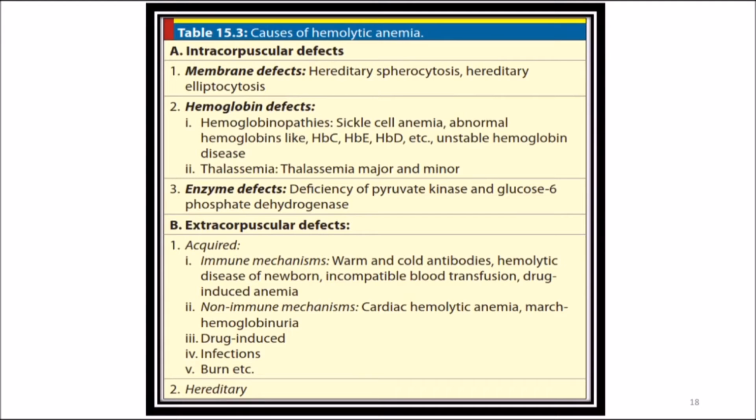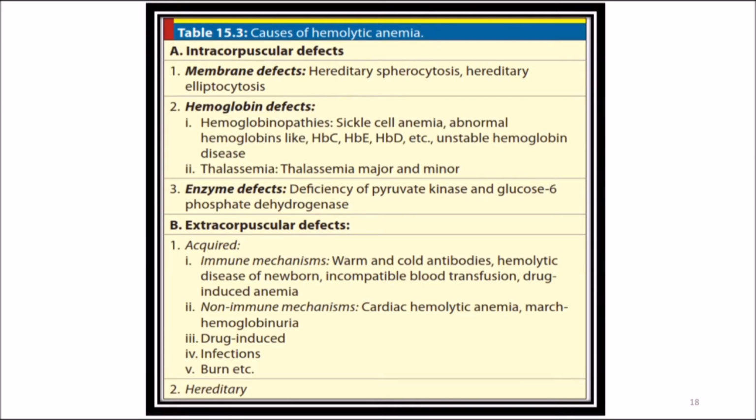Membrane defects mean hereditary spherocytosis, hereditary elliptocytosis, etc. Hemoglobin defects can be sickle cell anemia or HbC, HbE, HbD, etc., or thalassemia, which has major and minor forms. Enzyme defects can be pyruvate kinase deficiency or glucose-6-phosphate dehydrogenase deficiency, G6PD deficiency.